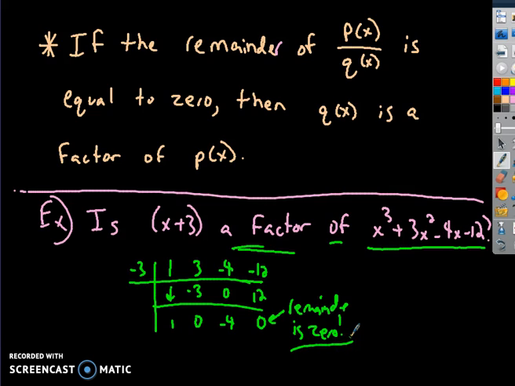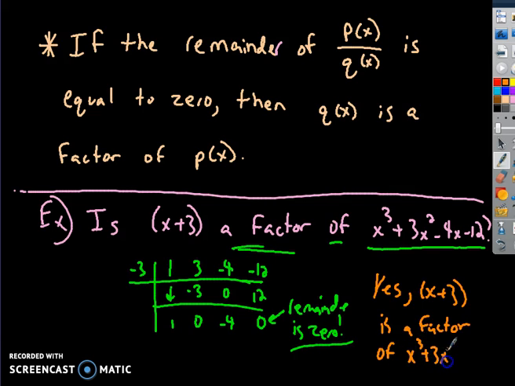So if that's true, yes, x plus 3 is a factor of x cubed plus 3x squared subtract 4x subtract 12. Why? Because the remainder is 0. It's got to be a factor.